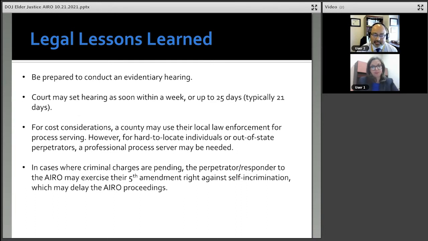Yeah, and also in this case, the son and the son's wife actually testified, which is their choice. We have other cases where respondents plead the fifth and don't testify, and that creates some procedural issues and delays in the outcome of the case. But when you have the ability to take their testimony on a witness stand under oath, it could be helpful to the district attorney who may end up filing charges.